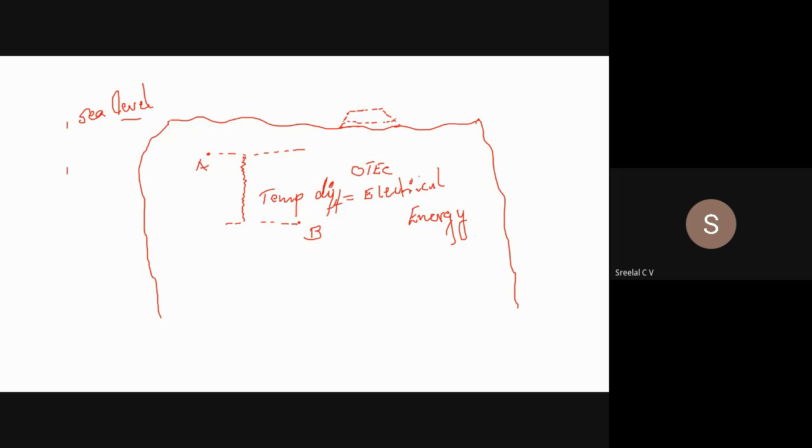You can draw this figure, label A and B, and explain this temperature difference. So these are the three techniques by which we utilize energy from the ocean to produce electricity.